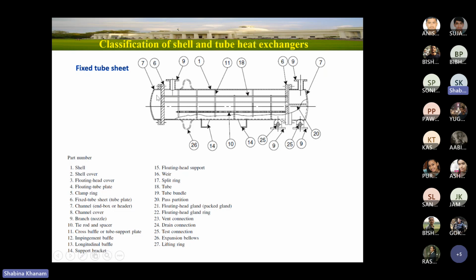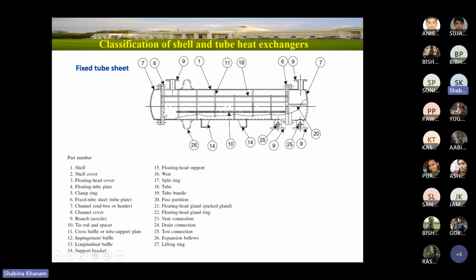If you see this part, there is no partition plate. This section is completely open. So whatever fluid exits from here, there is no way to move anywhere else than in this direction. So it reverses its direction and enters the tubes which are available in this tube sheet. It exits from here, then enters from here.